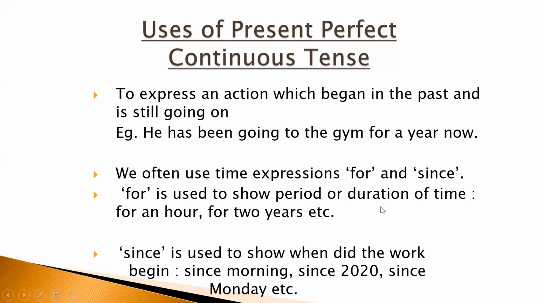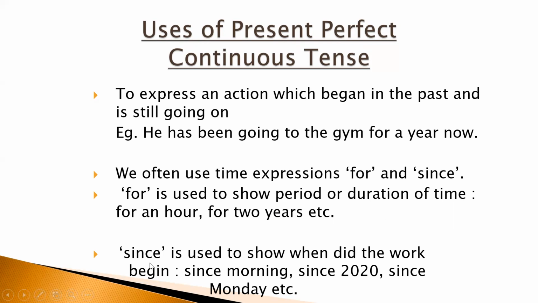Whether it started in the morning or evening or in the afternoon, we do not know, but it is going on for an hour. Same way, if we say he has been living here for 2 years, means he is living for 2 years, but when did he start living, that we do not know. So here the beginning of the work time is not clear, but the duration is shown.